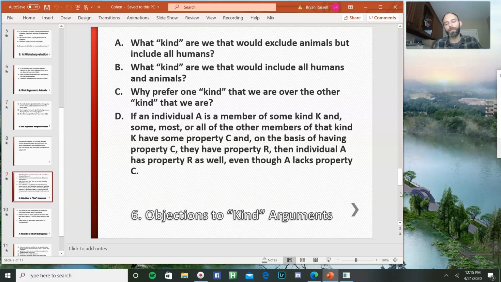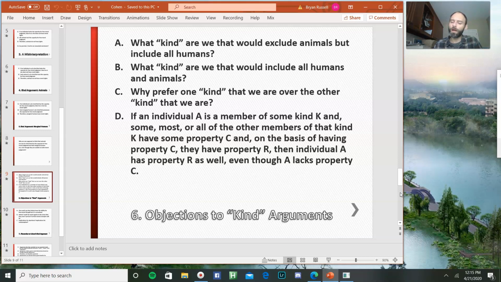So we could make this argument such that, look, a lion is of a kind, vertebrates, and some vertebrates have free moral thought.